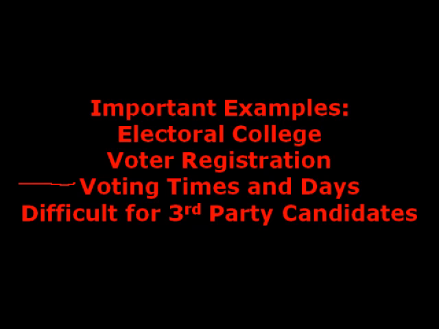We vote in Oklahoma on a Tuesday from 7 a.m. until 7 p.m. You can vote absentee if you're not free during this Tuesday, but other states have other ways to vote. They vote on Saturdays sometimes.